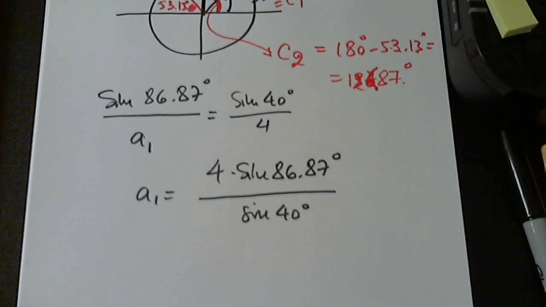So I'm going to share my screen now so we can perform these calculations. When I subtract degrees from 180, it doesn't make any difference. So we have 4 multiplied by sine 86.87.